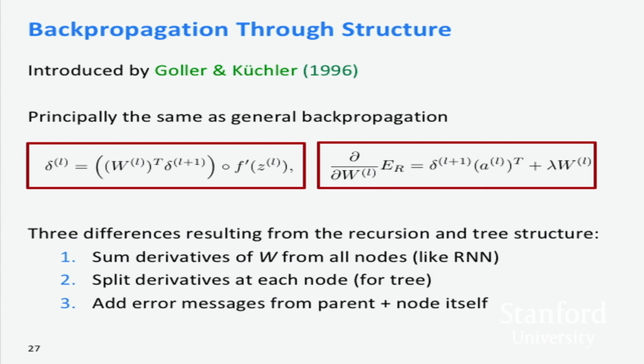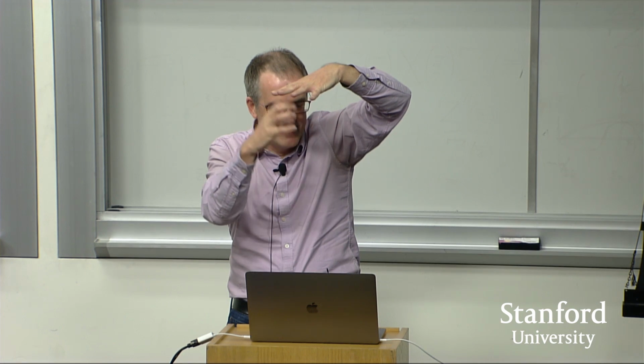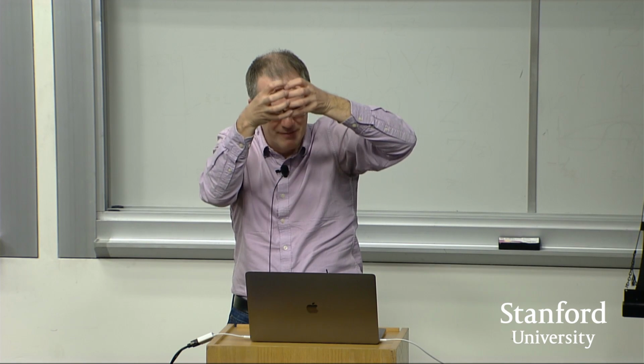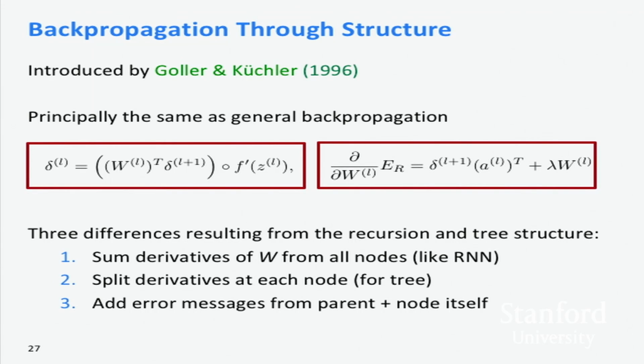Something that's slightly different is that since you're backpropagating down a tree structure, you have to split the derivatives and send them down both branches of the tree to the next level below. And then when you're calculating your error messages, you'll have an error message coming in from the node above. You want to add to it the additional error from the node itself, and then split it and pass it down to the two nodes below you.